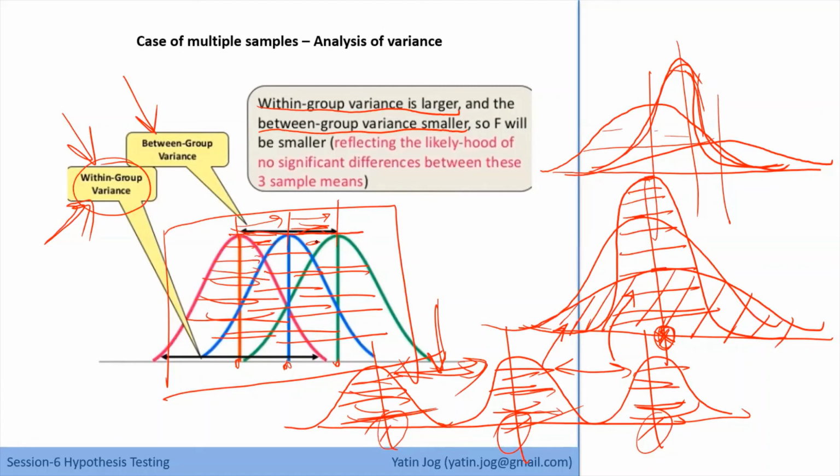So the within group variance has to be larger, and the between group variance has to be smaller. That is the key, or the method, to say that my 3 distributions or more have similar behavior, so I can say their means are also close to each other. This is the meaning of analysis of variance.